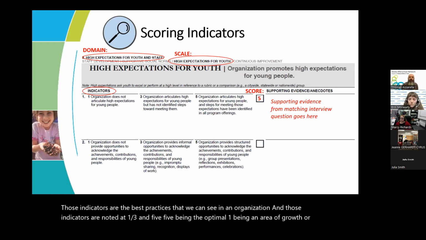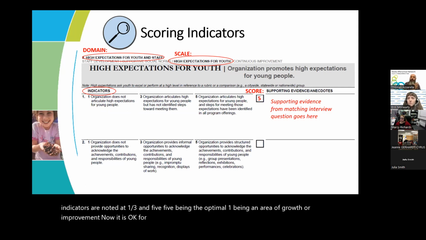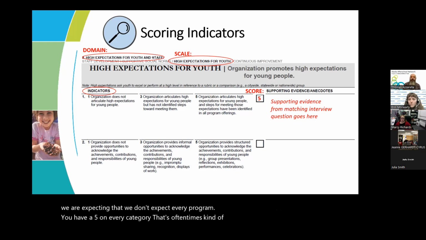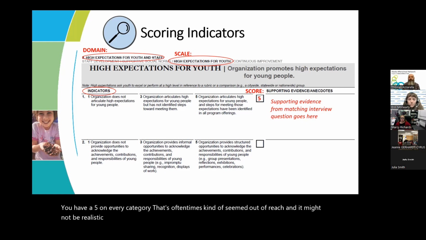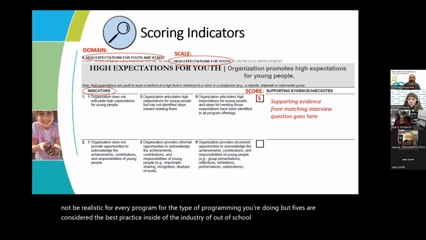Now, it is okay for an organization to have 1s, to have 3s, to have 5s, though we are expecting that. We don't expect every program to have a 5 on every category. That's oftentimes seen as out of reach, and it might not be realistic for every program for the type of programming you're doing. But 5s are considered the best practice inside of the industry of out of school time that we want to reach toward.